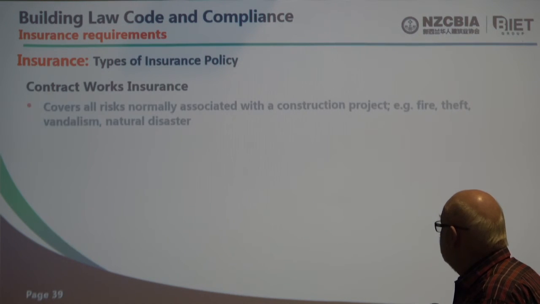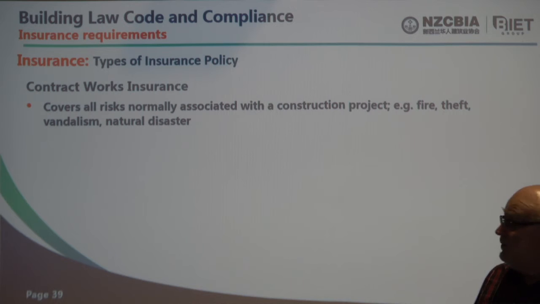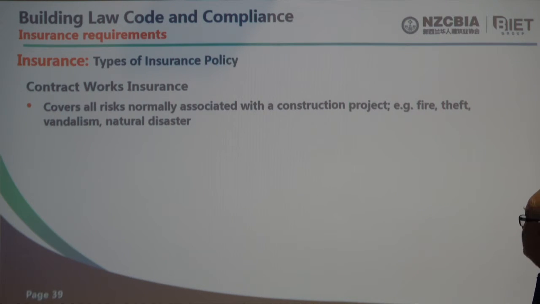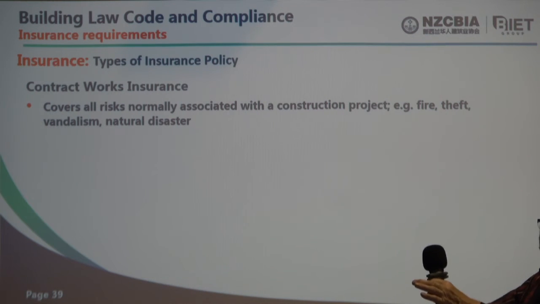Contract works insurance covers all risks normally associated with a construction project. Things like fire, theft, vandalism, natural disaster. Those are things covered under your contract work, but it only applies to the contract. So, for example, if you are doing a house renovation, your contract is to add 2 new bedrooms onto the side of the house.